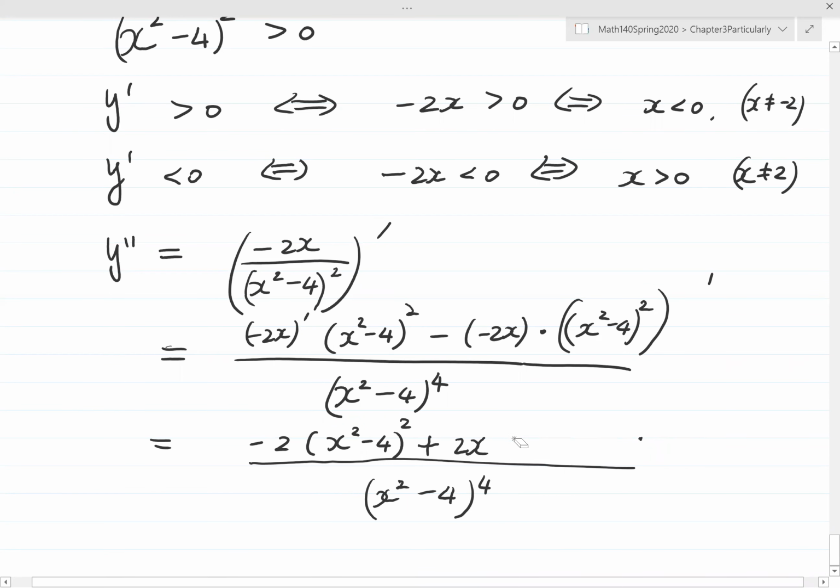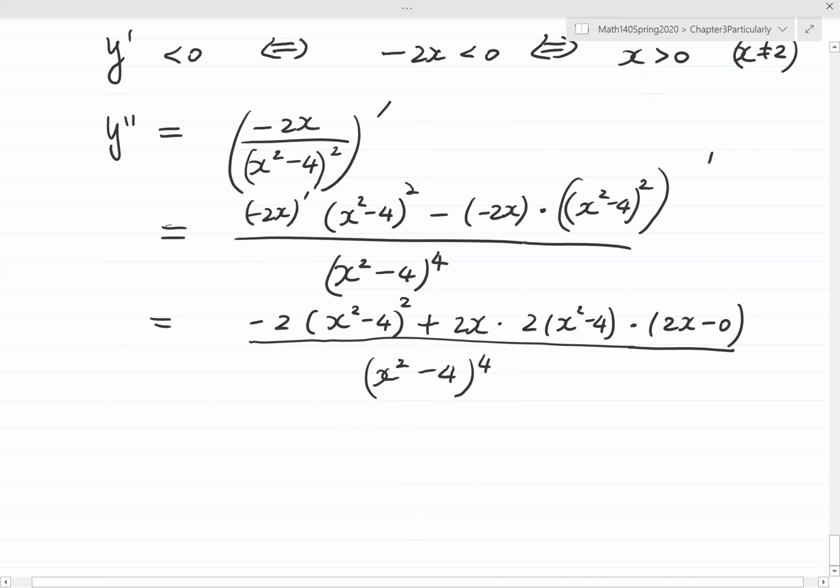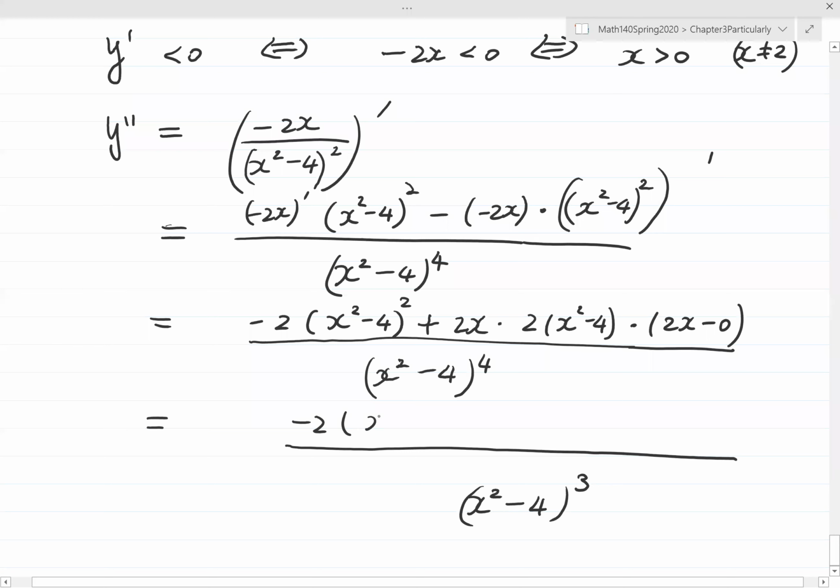So this will be 2 times x squared minus 4 by the power rule and chain rule, times 2x minus 0. Okay, this is right now. Then you see we have a common factor of x squared minus 4. If we cancel a factor of x squared minus 4 and simplify, the denominator is to the power 3. Now the numerator is negative 2 times x squared minus 4.